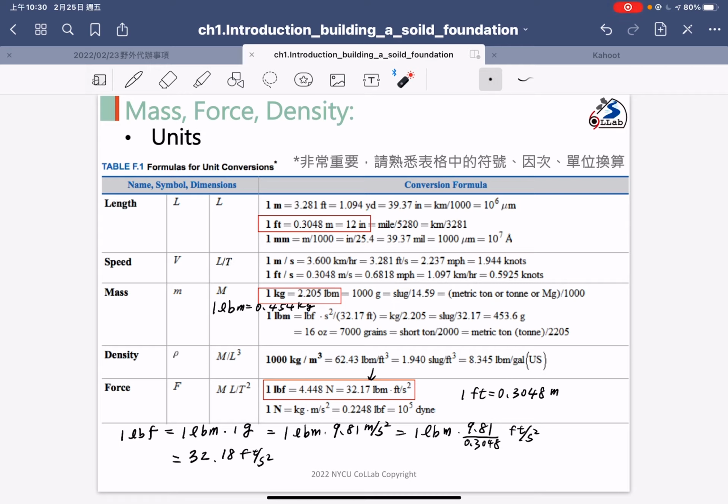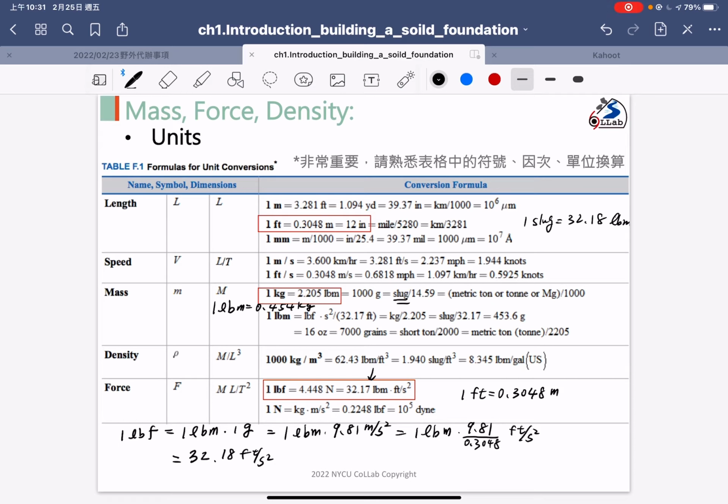Okay? And so what is the slug? Here you can see the mass, but there is a slug. So what is the slug? The 1 slug is equal to 32.18 pound mass.